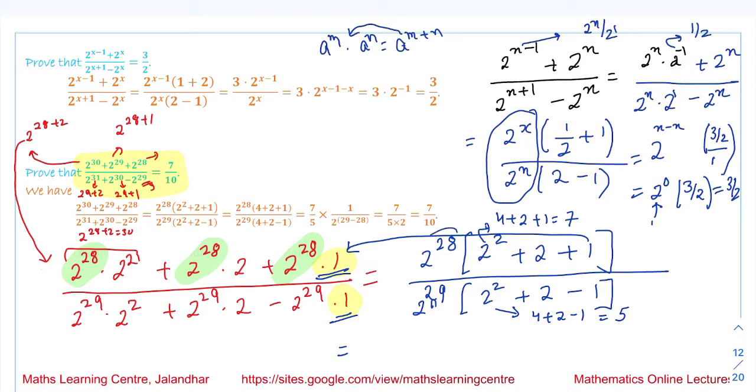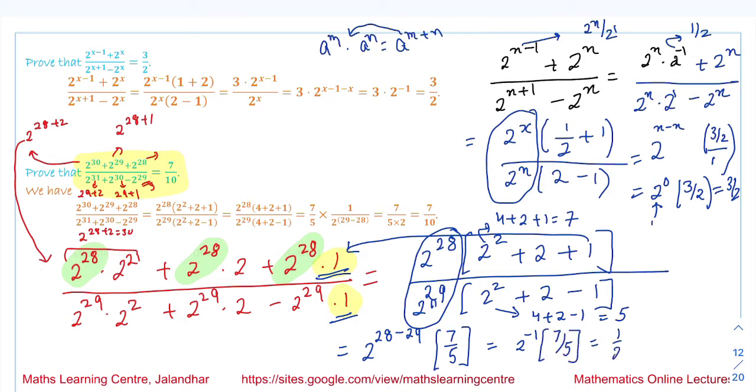And this term, 2 raised to the power 28 over 2 raised to the power 29, is 2 raised to the power 28 minus 29, into 7 by 5. So it is 2 raised to the power minus 1 into 7 by 5. This is 1 by 2 into 7 by 5, so that is equal to 7 by 10.